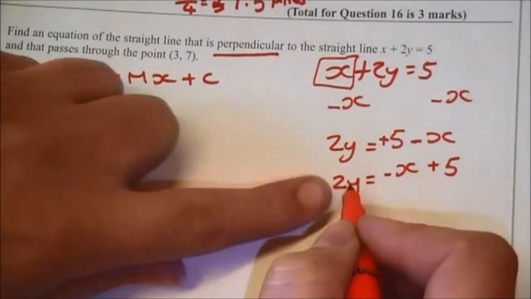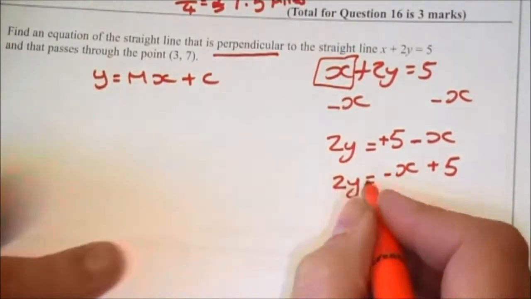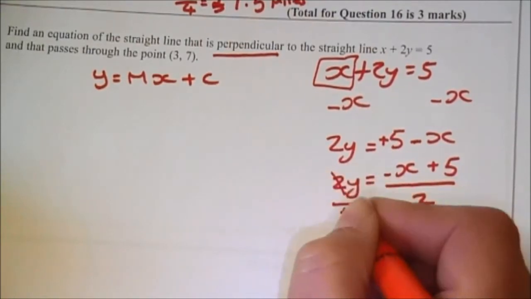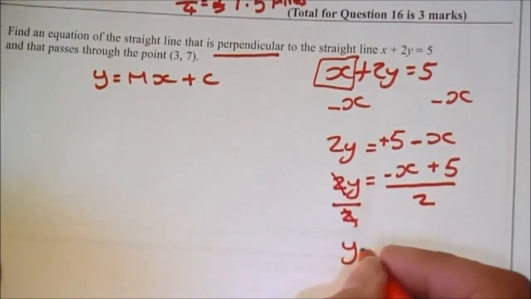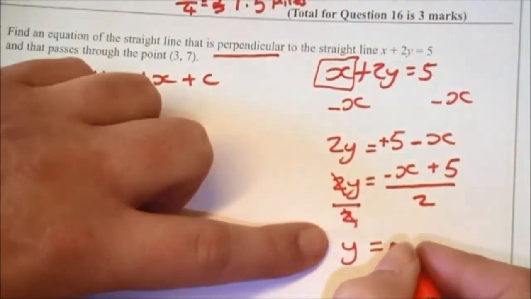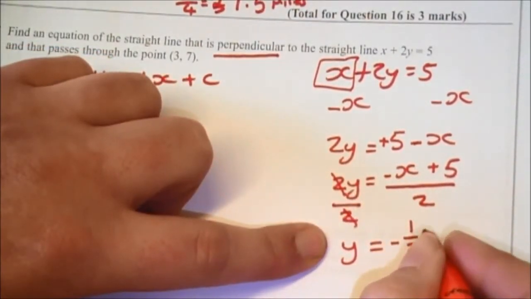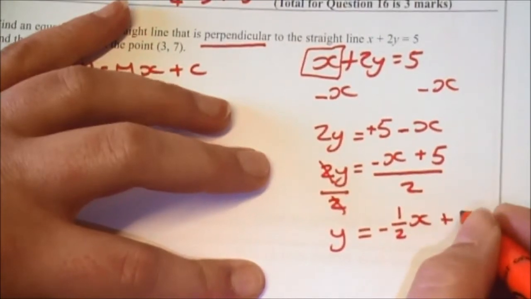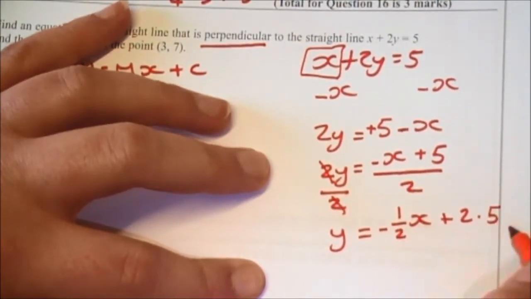Now I've got it in that form, I need the y on its own, so I'm going to divide the 2 away on both sides, leaving me with y equals negative x divided by 2, which is negative a half of x, and 5 divided by 2, which is positive 2.5.